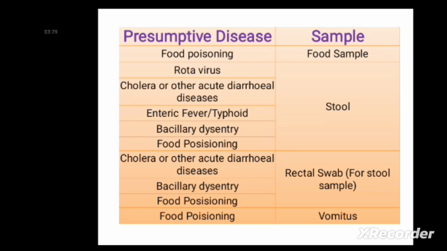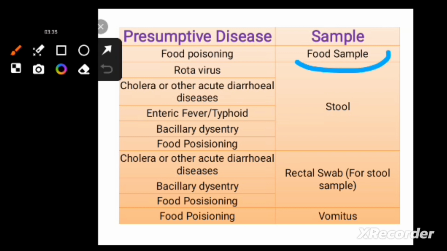So, food sample is collected to identify the microorganism which is present in this contaminated food sample. This food sample is collected in a sterile container, maintained at 4 degrees centigrade and transported to the laboratory by maintaining cold chain, that is 4 to 8 degrees centigrade.